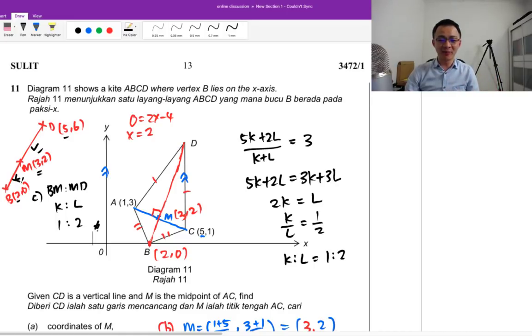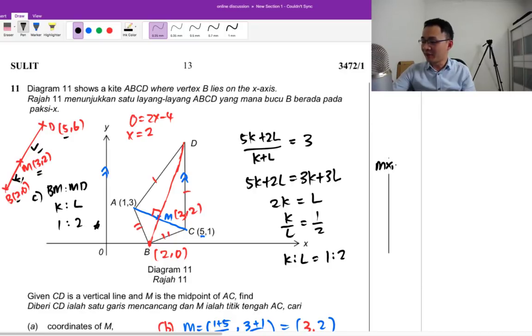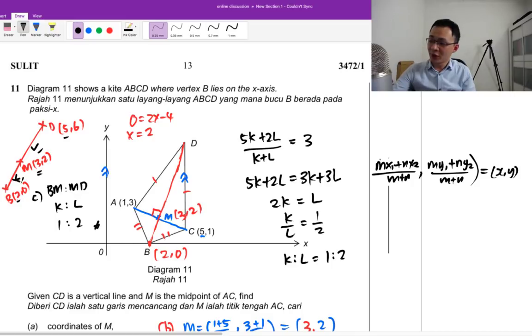Can explain the ratio. Actually, this one is just a ratio formula. You have a ratio formula like this, right? mx1 plus nx2 over m plus n, comma, my1 plus ny2 over m plus n, and then that equals (x, y).